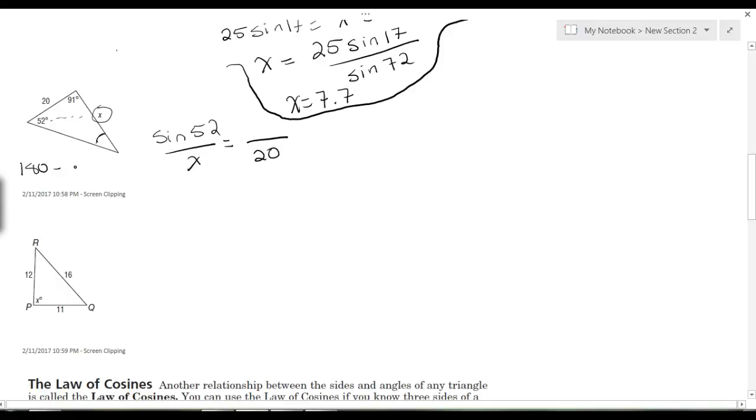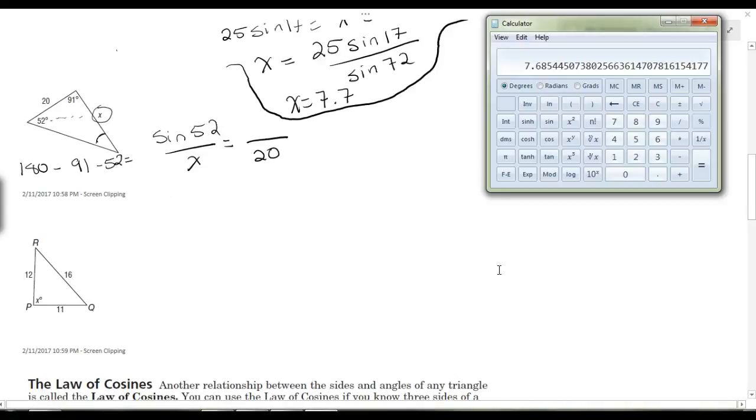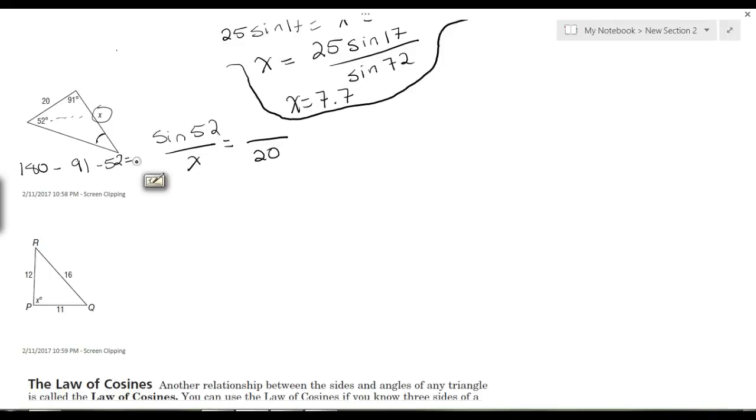180 minus 91 minus 52 equals, go ahead and use our calculator, 180 minus 91 minus 52 leaves us with 37. So I'll put in that 37 here. So this ends up being sine 37. So I'll cross multiply.